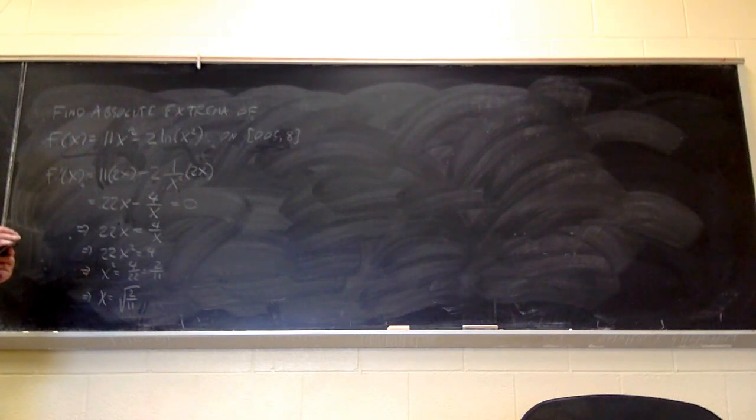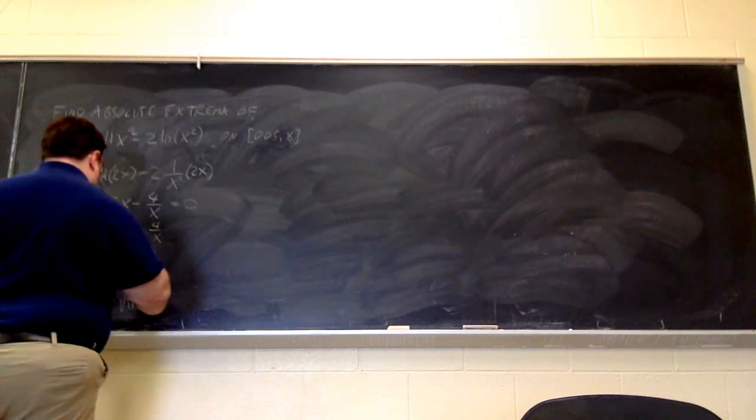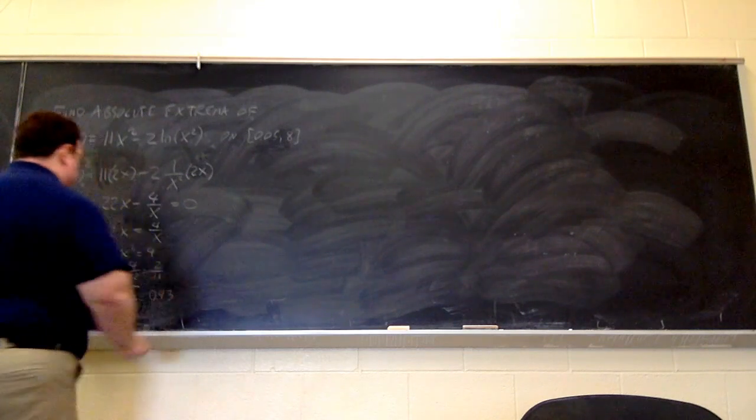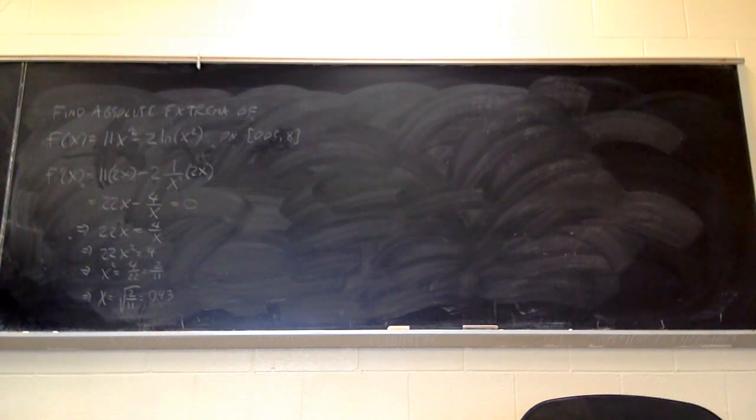So 2 divided by 11, square root is 0.43 rounded to 2 decimal places, and that is in the interval, so we're good. So that's one place where an absolute maximum or minimum can occur.